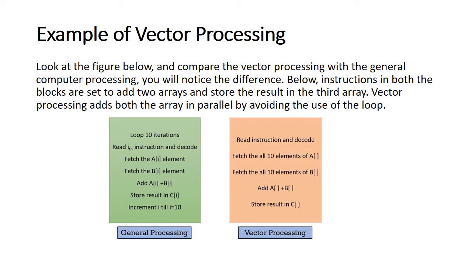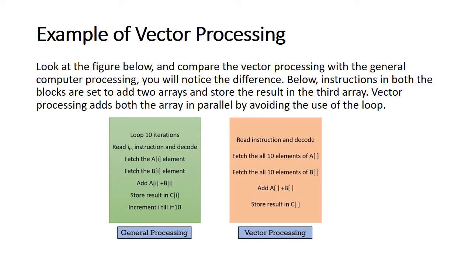In general processing, there is a loop of 10 iterations that reads the instructions and decodes. Here we fetch the element A[i] and fetch the element B[i], then add the elements A[i] and B[i], and finally store the result in C[i] and increment i till i equals 10.